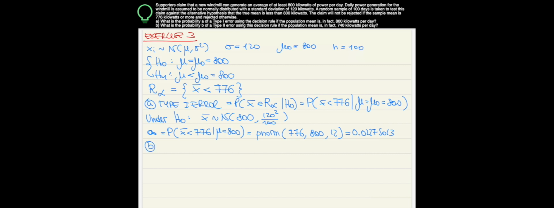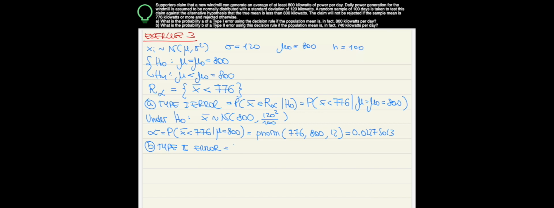Let's move on to part B. What is the probability B of a type 2 error using this decision rule if the population mean is in fact 740 per day? So now we want the type 2 error. The type 1 error we've always called alpha, so let's stick to alpha and beta for the type 2 error.